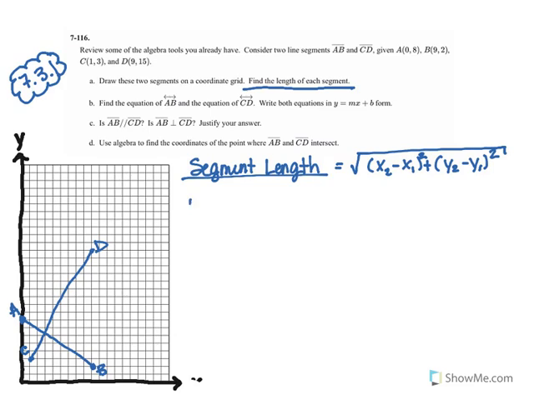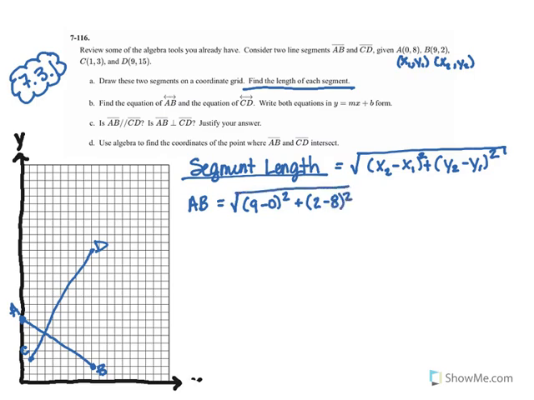So let's do this for AB first. So AB is going to be the square root. Remember, this is an x1, y1, and then we have x2, y2. So if we want x2, x2 is 9, so we have 9 minus x1, which is 0. We're going to square that and add it to y2, which is 2, minus y1, which is 8.